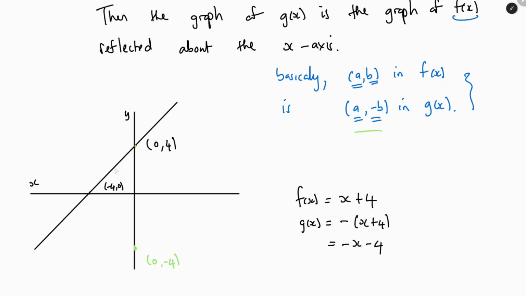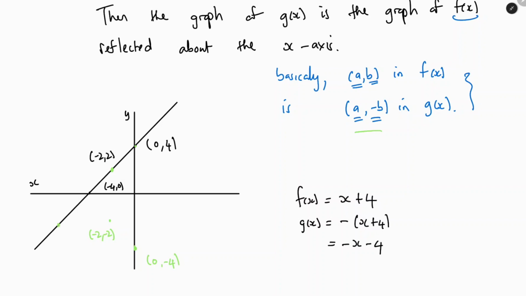We can take another point here. There's a point in this graph which is the point (minus 2, 2). So that means that the point (minus 2, minus 2), just taking the negative of the y, is going to be on the graph.